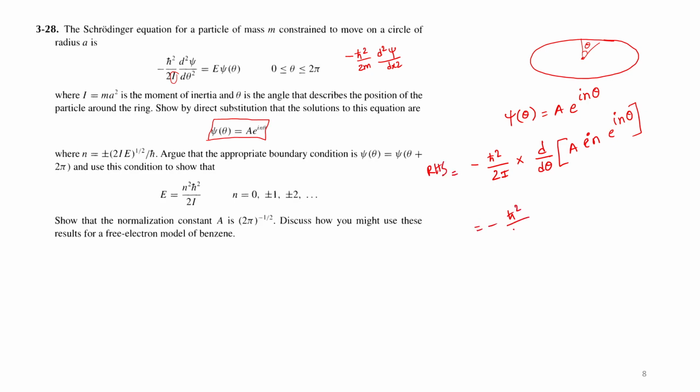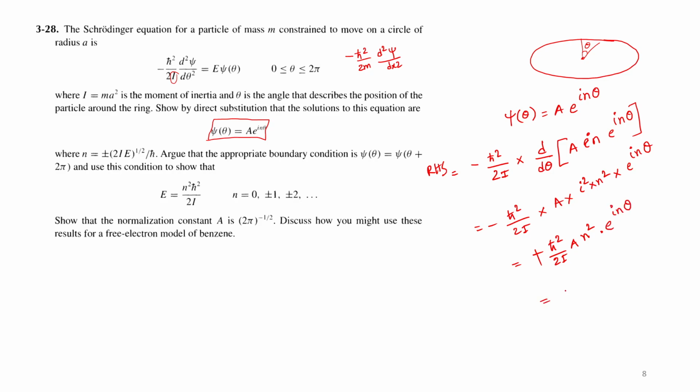Minus h cut square by 2I, and you are going to differentiate again. These are constants, right? A, but i n will come again. So it will be i square n square e to the power i n theta, with minus h cut square by 2I A. Now i square is minus 1, because minus minus will be plus, and then n square is there, and e to the power i n theta is there.